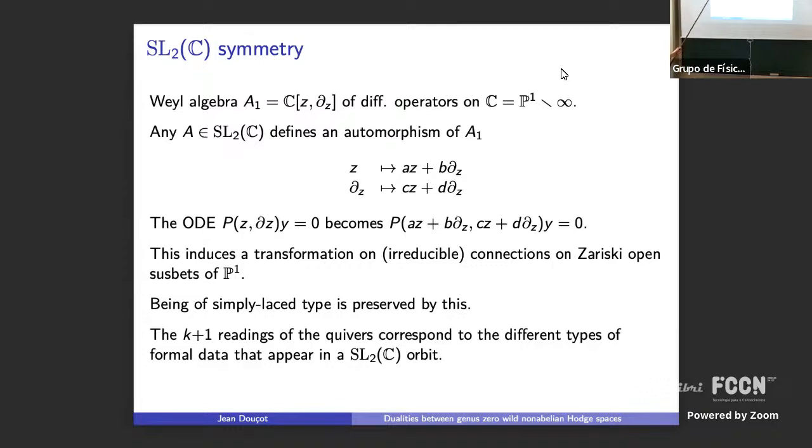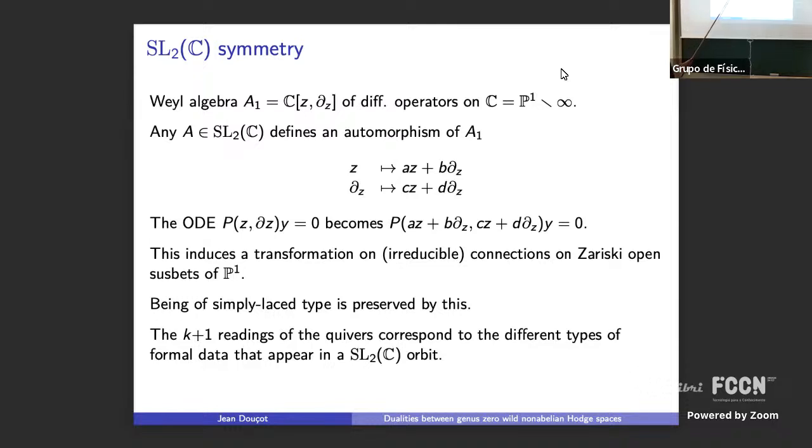So what is the idea? You can consider the Weyl algebra, which is the algebra of differential operators over the affine line, C, which I view as P1 where I remove infinity. Any matrix in SL2C defines an automorphism of this Weyl algebra by this prescription: z becomes az plus b partial z, and partial z becomes cz plus d partial z.